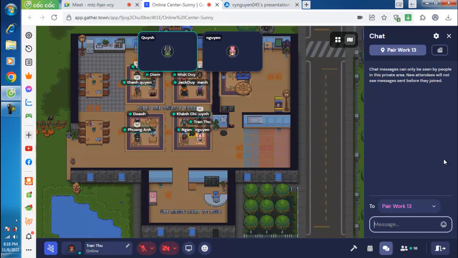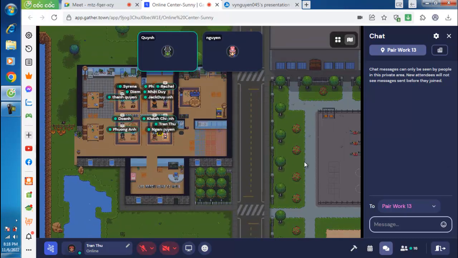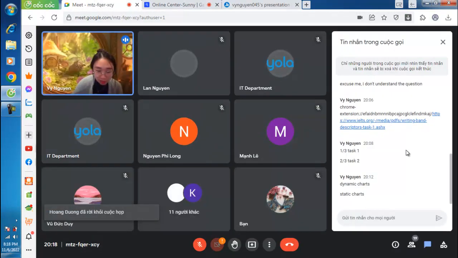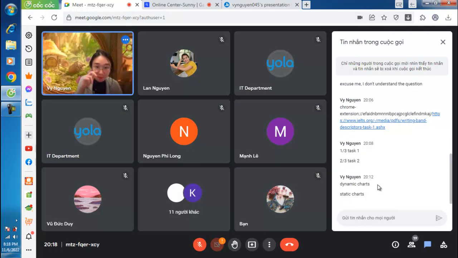We should mention one character mentioned in the chart. And we should paraphrase the title of the chart. Alright guys, can you tell me what is a dynamic chart and what is a static chart?